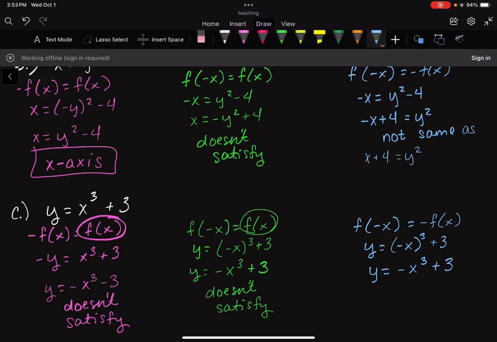But be careful, this is not the same as if I look at the original and had a negative pulled out all the way to the front. These are not the same. So this does not satisfy. So what we're going to see for this one is it doesn't have any symmetry, and that's fine. This one does not have any symmetry.